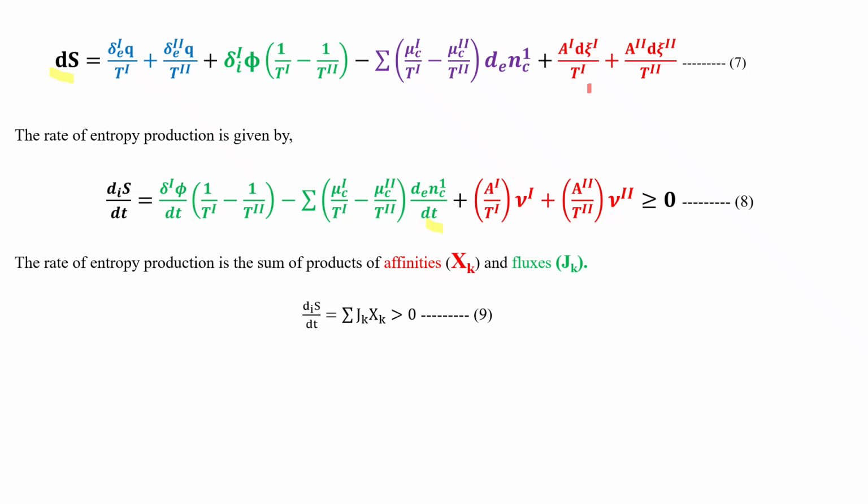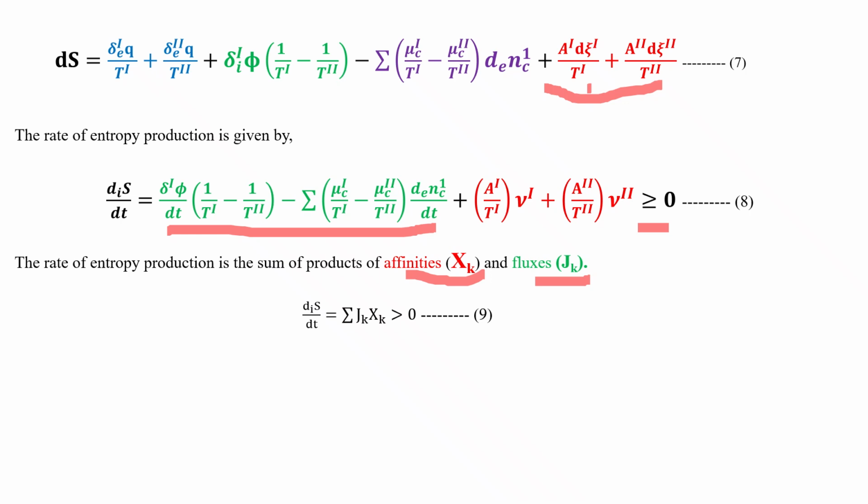So here there is an affinity term, which can be generally represented as X. There is a flux, which can be represented as J. Usually the entropy change should always be greater than or equal to 0.